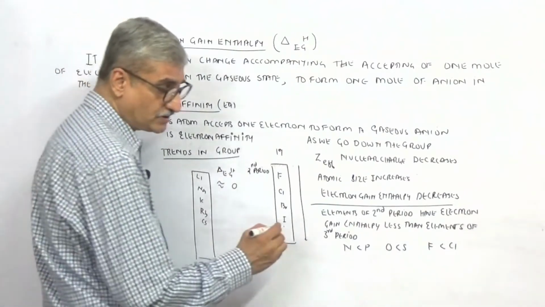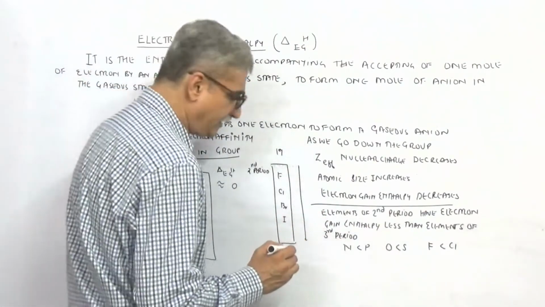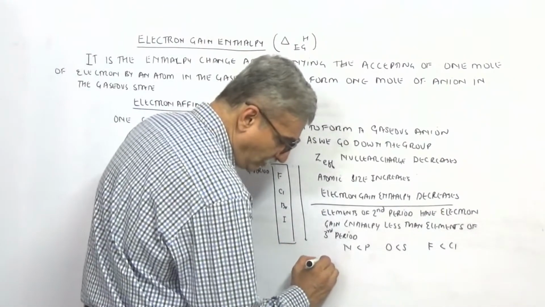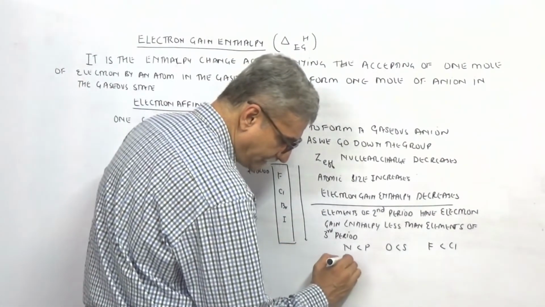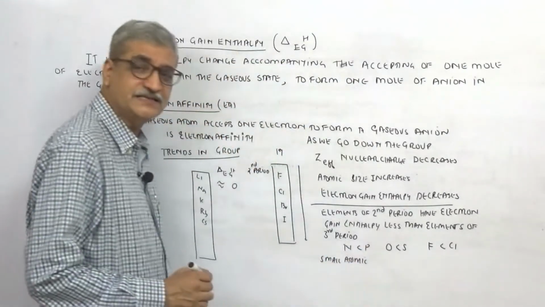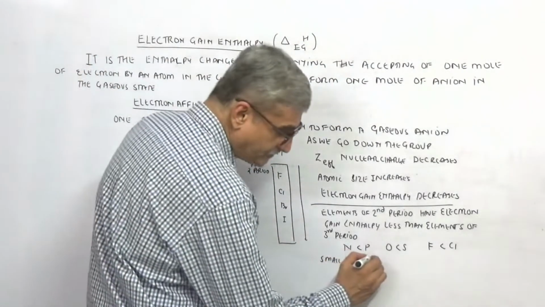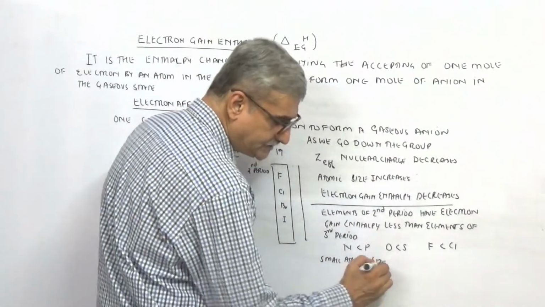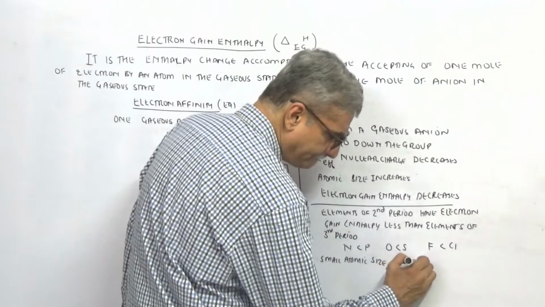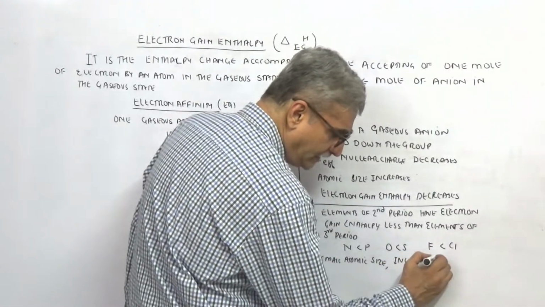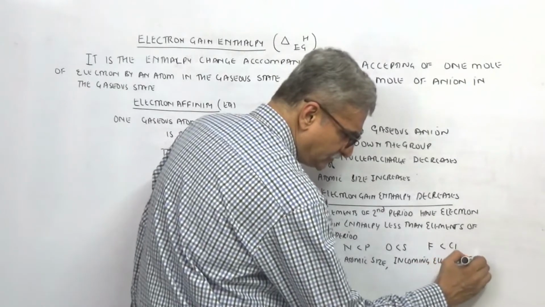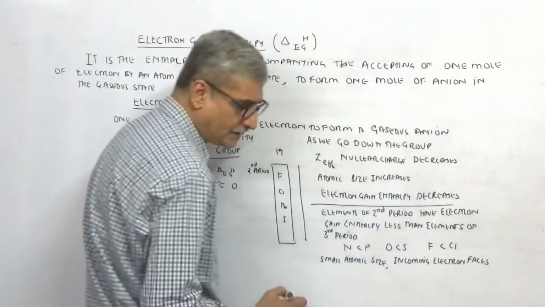There is only one reason we have to give: small atomic size. Elements of the second period have small atomic size, so the incoming electron faces repulsion.